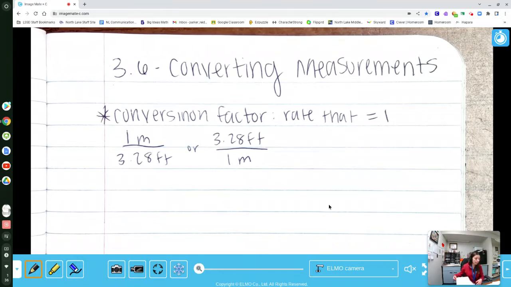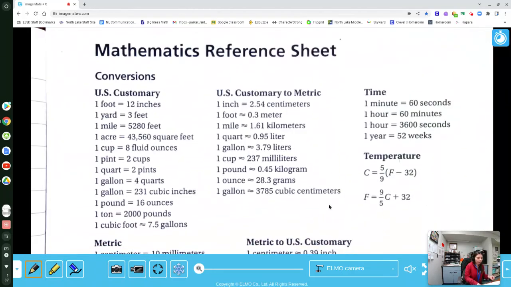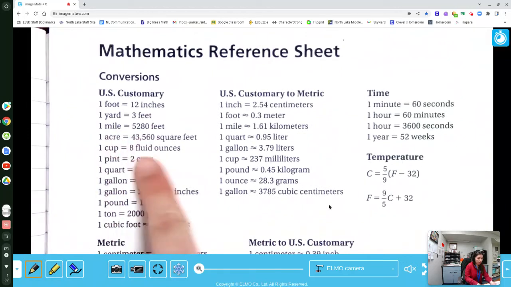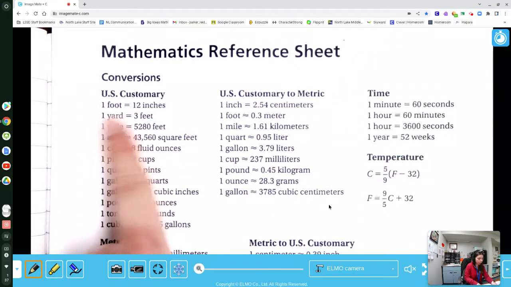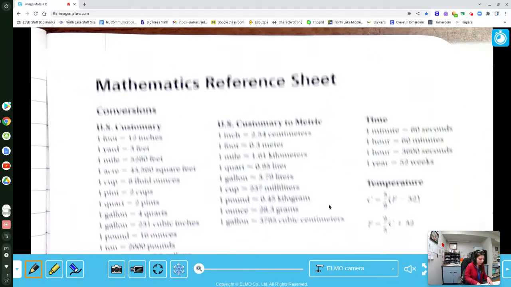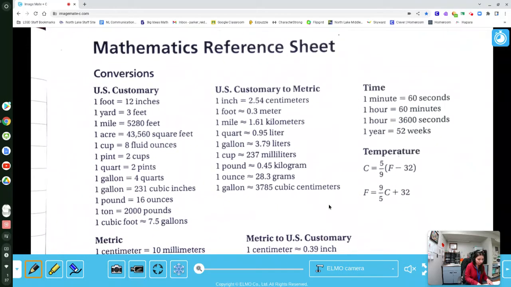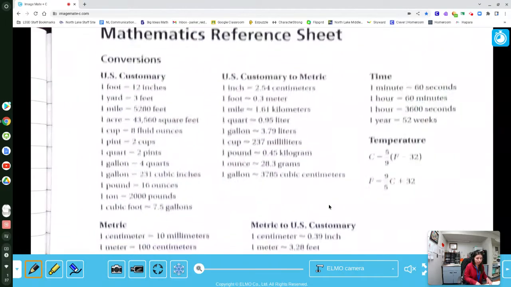And you are going to be given a conversion factor sheet. So it looks like this, and it shows us different things like 1 foot to 12 inches, 1 yard to 3 feet, etc. We can find this meter to feet conversion factor we wrote down in a couple of different places.